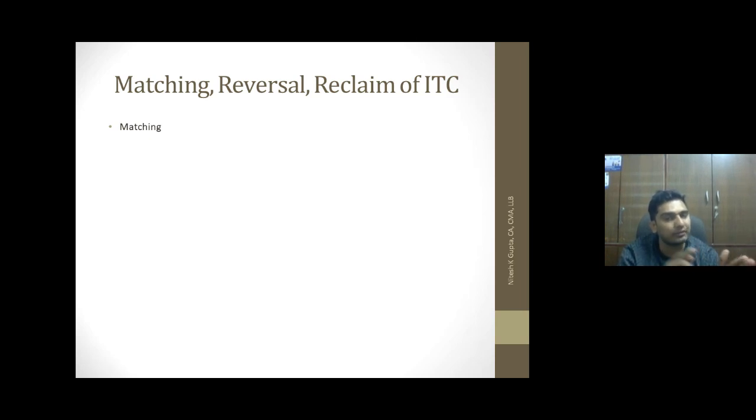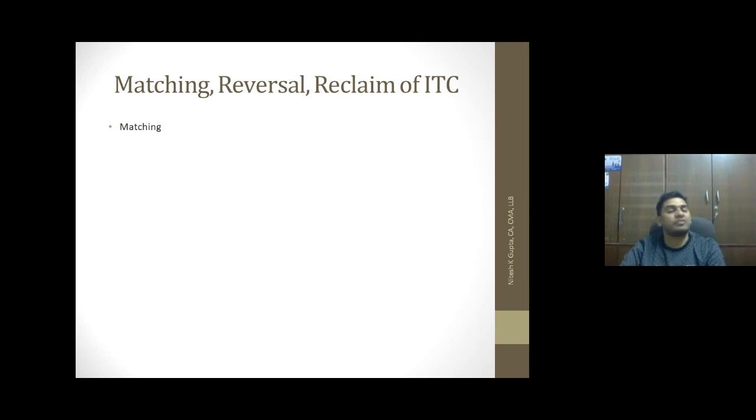Otherwise, practically these returns are not in function. It is an old law. The new law is very short. So we can discuss it offline, but for the purpose of books, because it is given in the books, we need to study it.